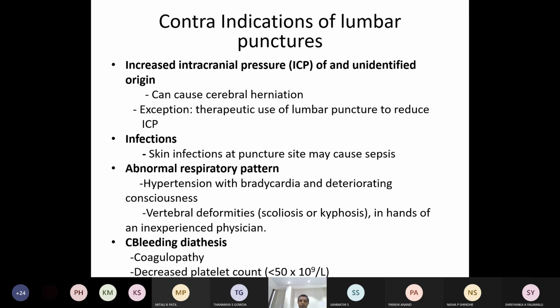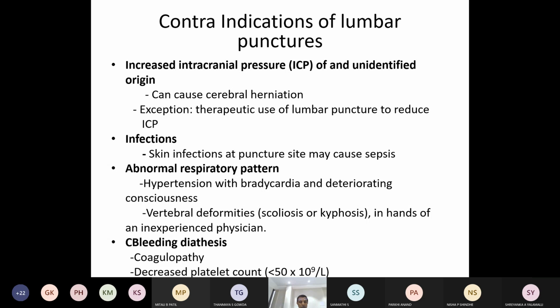Here you see the contraindications of lumbar puncture. Increased intracranial pressure of unidentified origin, where a pressure change as there is damage can cause cerebral herniation, except for therapeutic use of lumbar puncture to reduce the CSF. Infections are also possible; skin infection at the puncture site may cause sepsis. Also abnormal respiratory pattern, hypertension with bradycardia, and deteriorating consciousness.